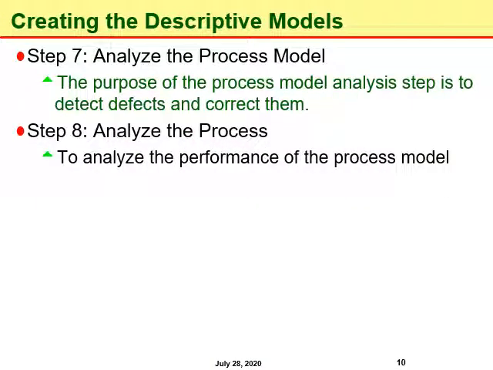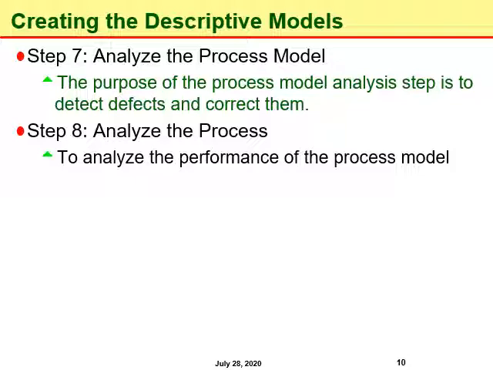The seventh step is analyze the process model. As process models become complex, there is an increasing risk of defects being accidentally introduced into the model by the process engineers. The purpose of the process model analysis step is to detect such defects and correct them.